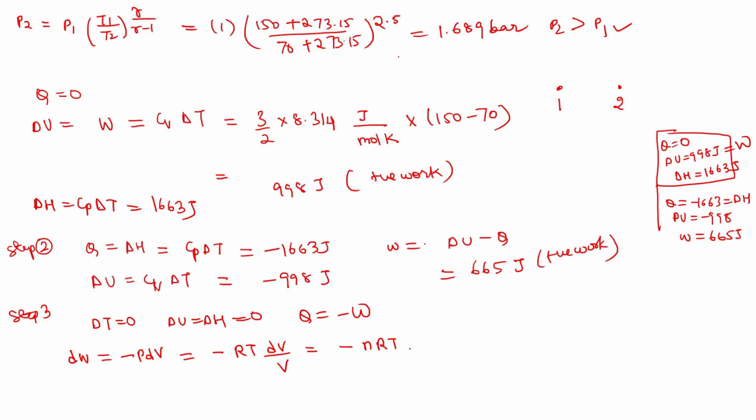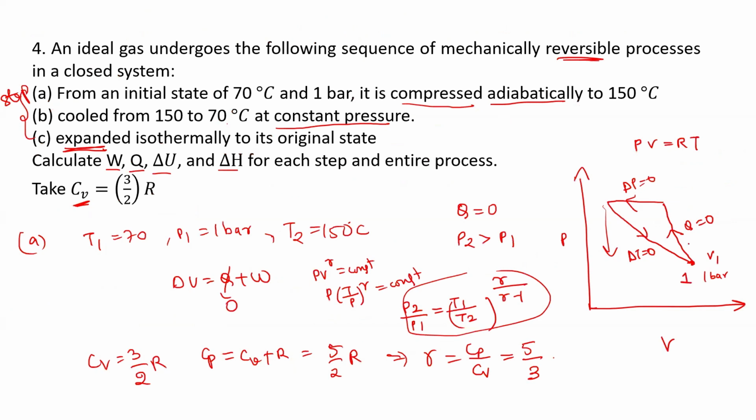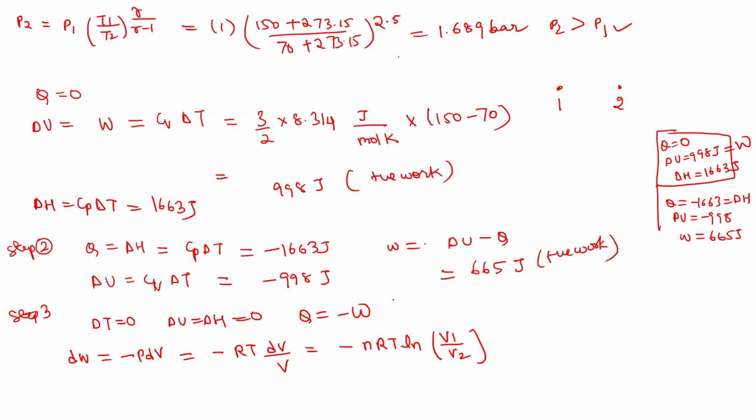Here it's not V1 by V2, it's actually like this: if I say these are points 0.1, 0.2, 0.3, this is the initial stage, which is V3, and this is the final stage, which becomes V1.